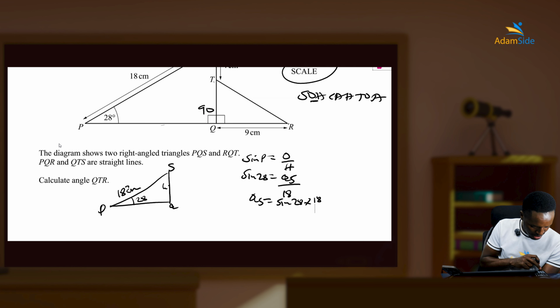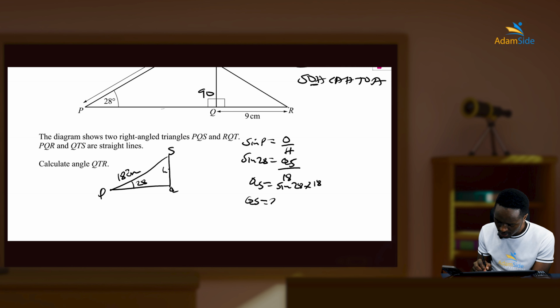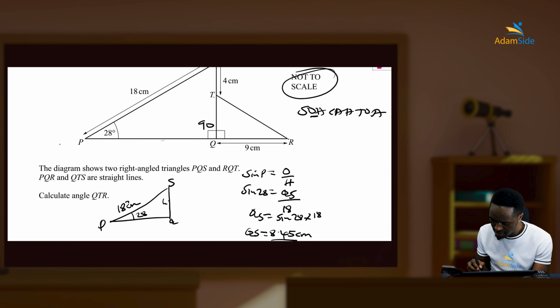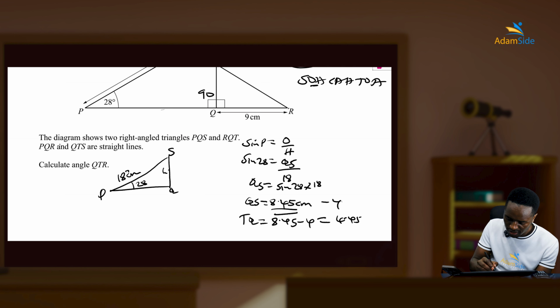Using the calculator, we get 8.45 centimeters. But from the diagram, we have been given 4, so we minus 4 to get TQ. 8.45 minus 4 gives 4.45. So this is 4.45 centimeters.